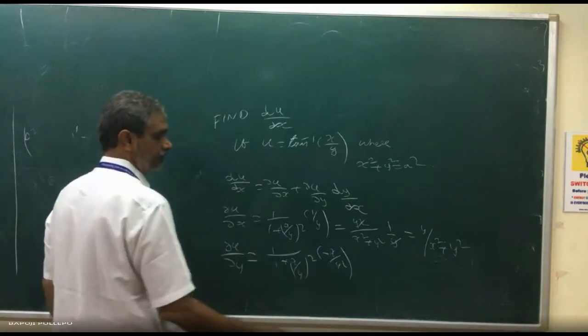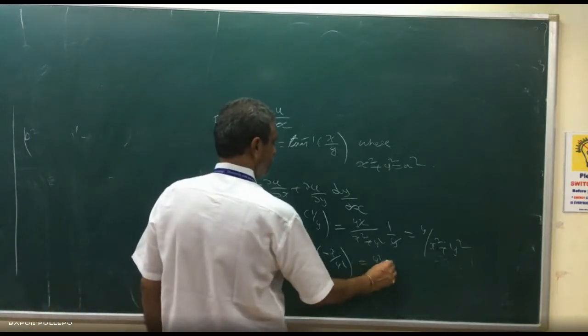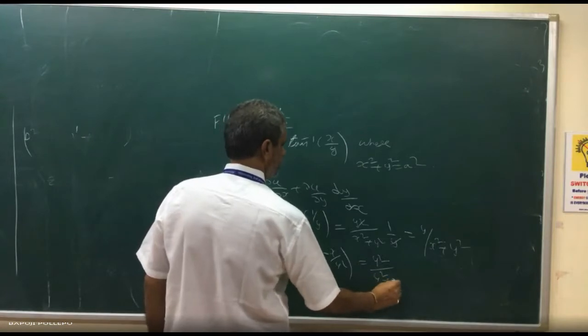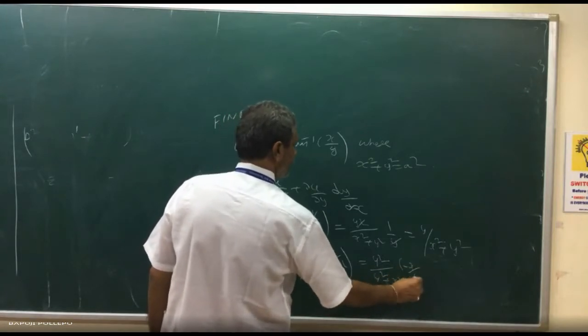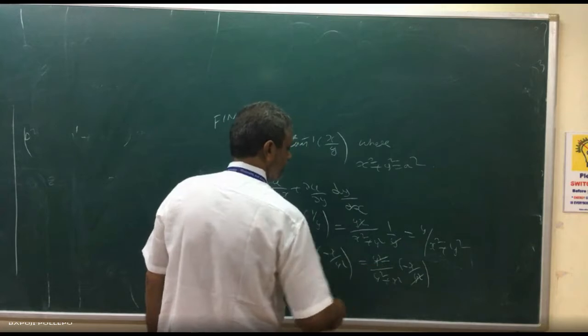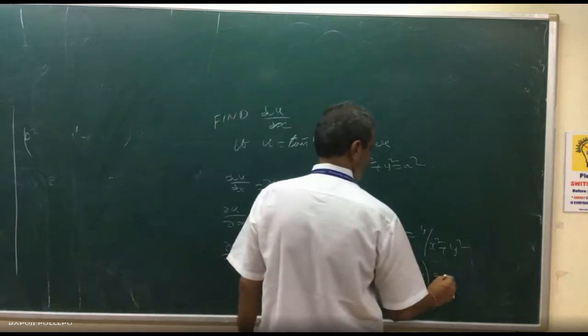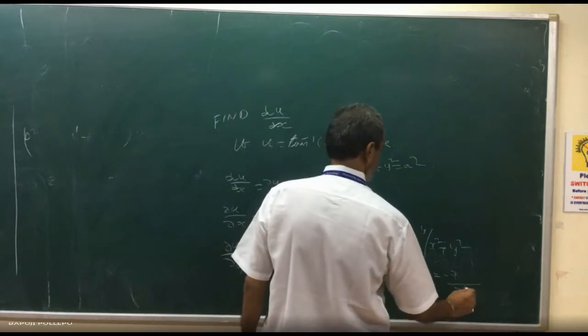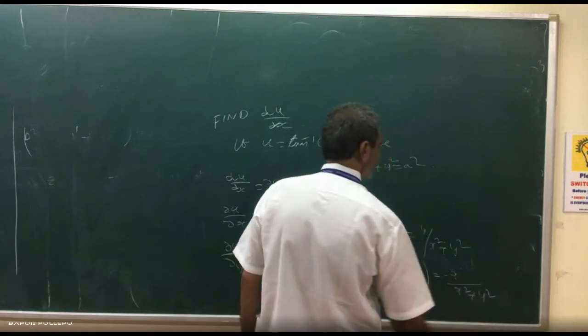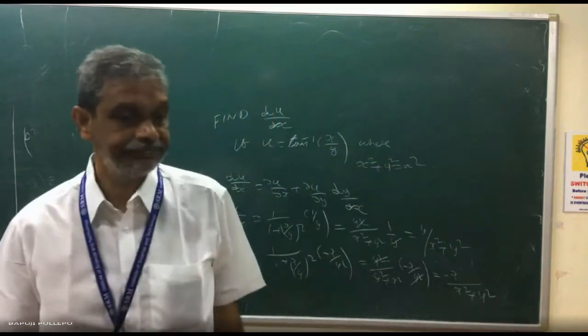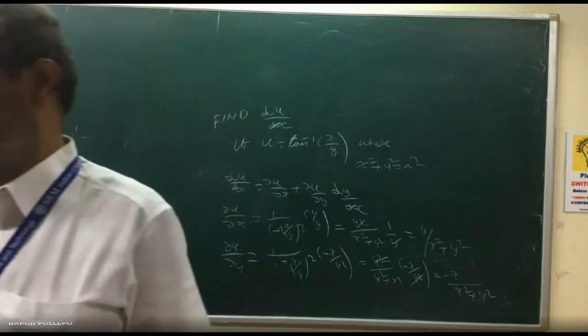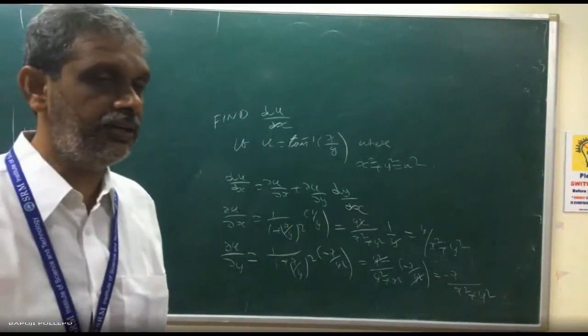If you simplify, what will you get? y square by y square plus x square into minus x by y square. y square cancels. This is minus x by x square plus y square. Correct? Check. Don't copy down blindly. Try to understand and do.